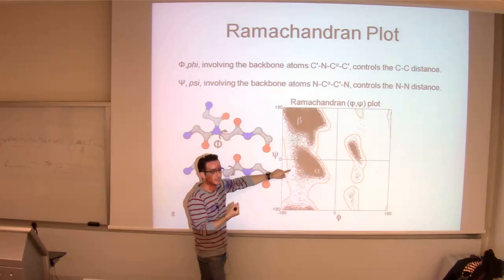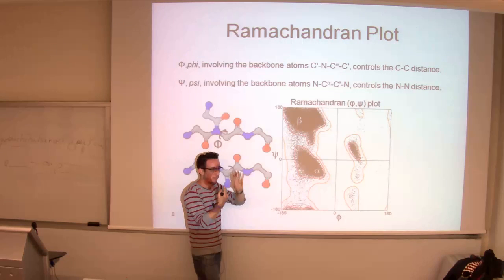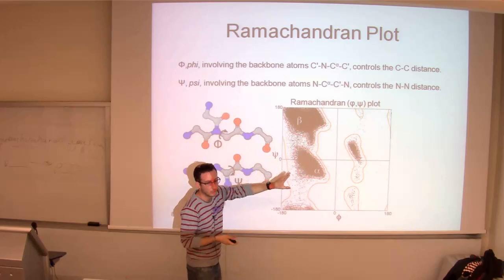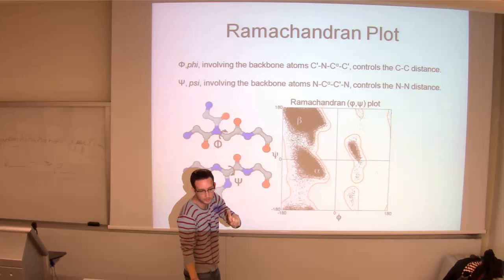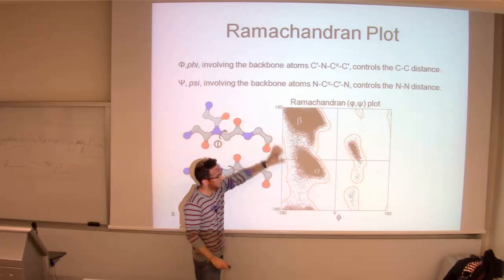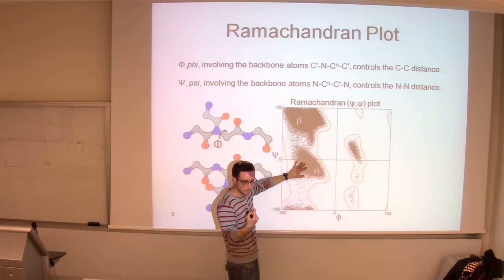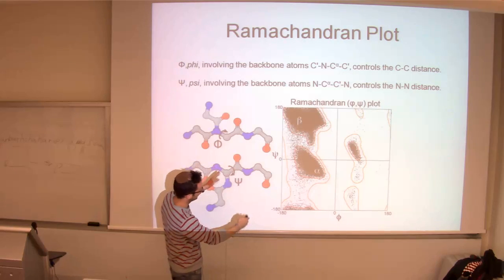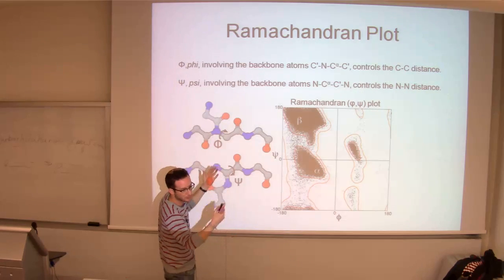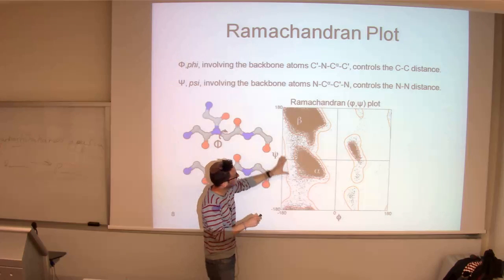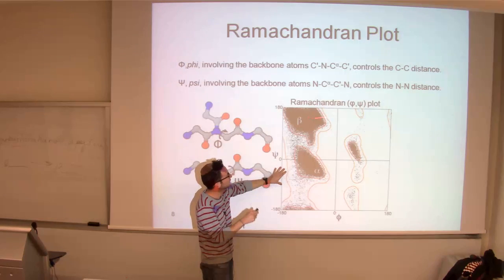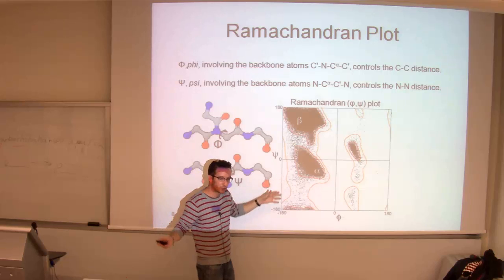So each dot here is taken from one amino acid, from one protein. You can plot the Ramachandran plot for a single protein alone, which would have here, I would say, 10,000 dots, 10,000 amino acids. But the classical one, what we're looking at right here, is a Ramachandran plot that's the average for lots of proteins.